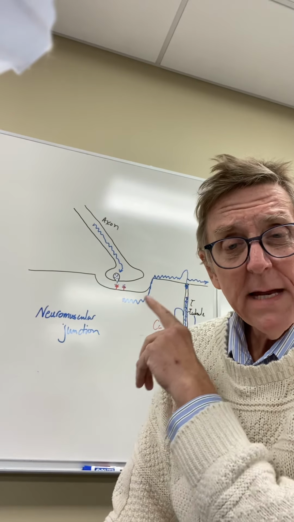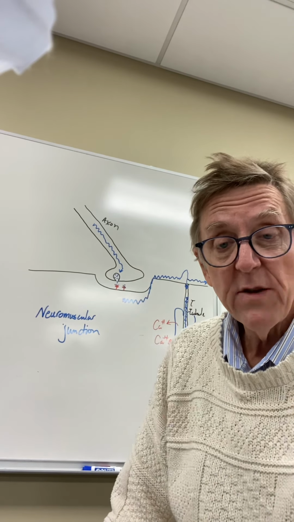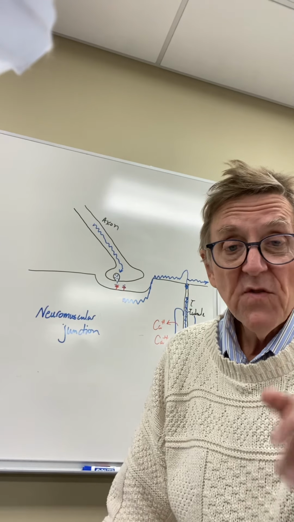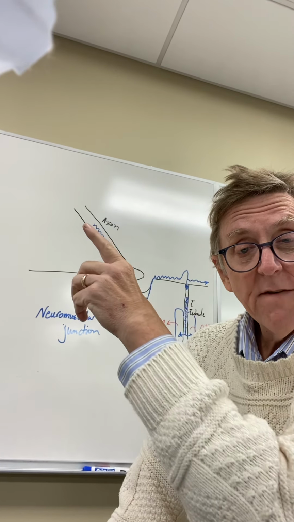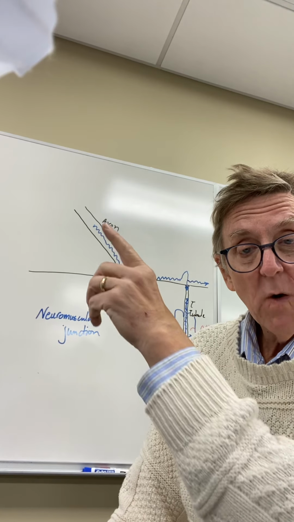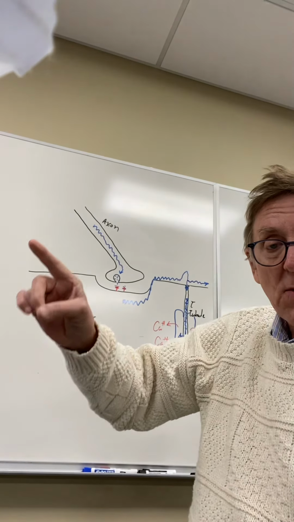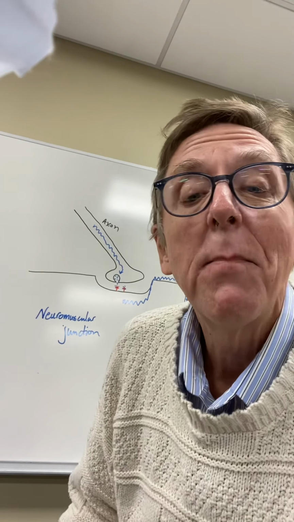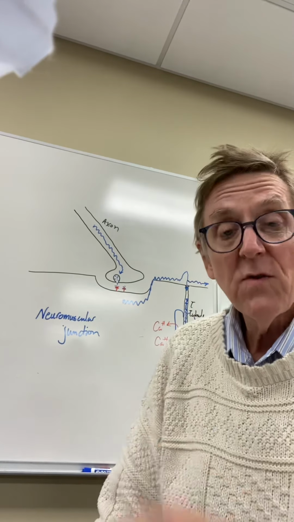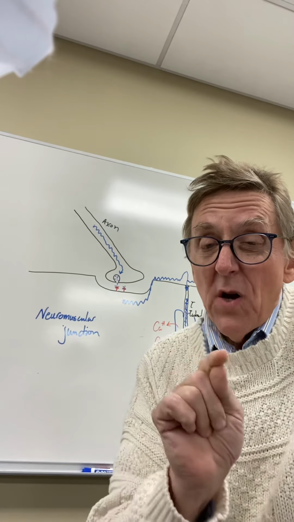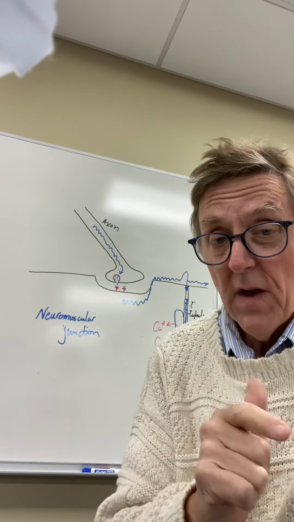Now, at the very tip of that axon, we have this expanded region right there that is called the synaptic knob. So what happens is you have a nerve impulse come down that axon, and when it gets to the end, to that synaptic knob, it causes the release of a neurotransmitter substance.